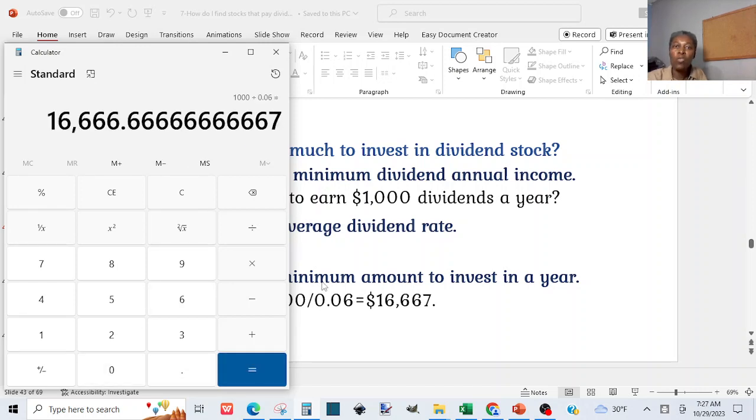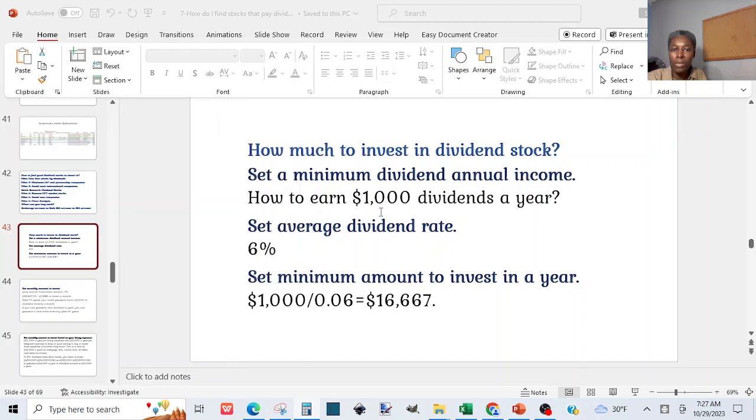So that means you want to have invested, let's just say, $16,700 to generate $1,000 a year in dividend.